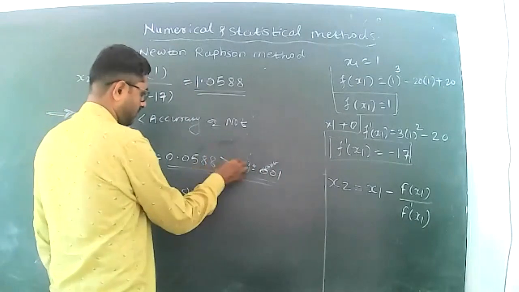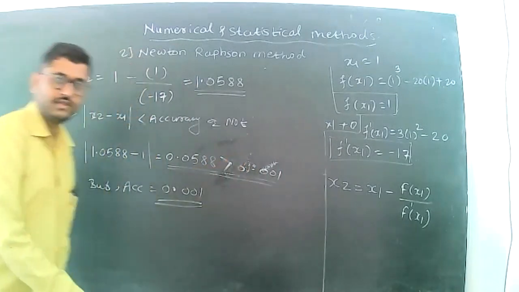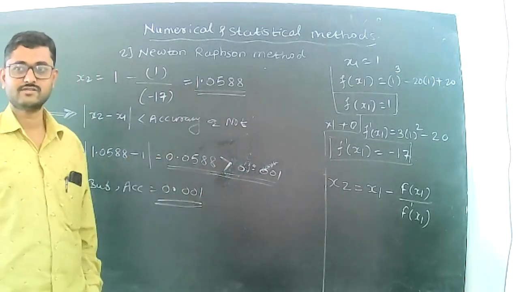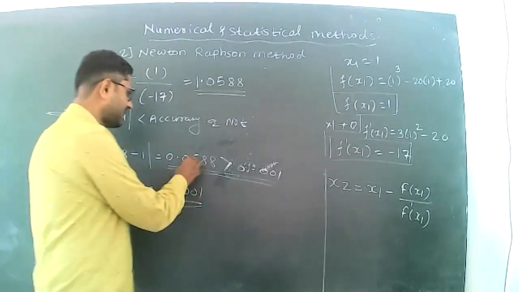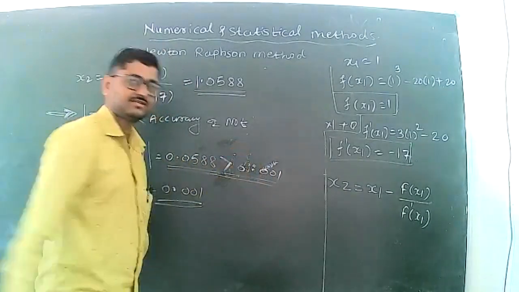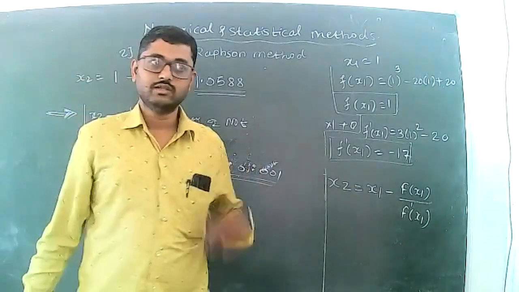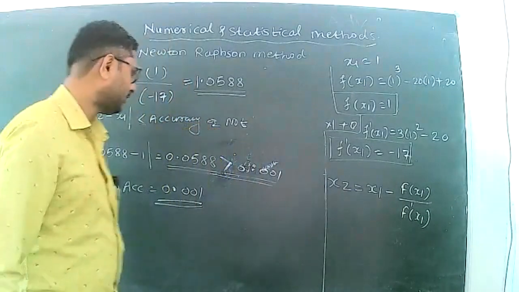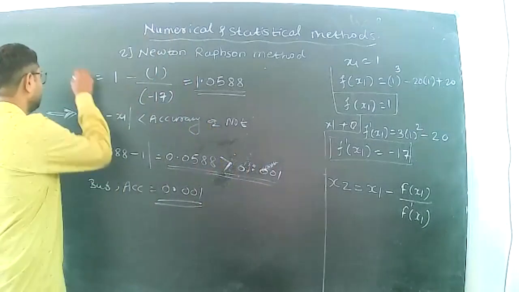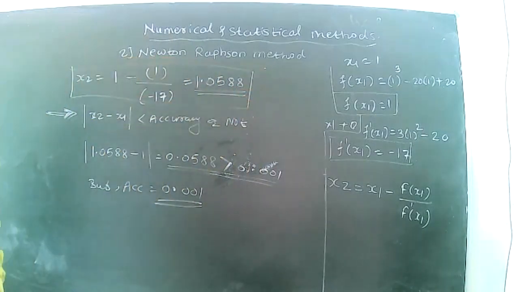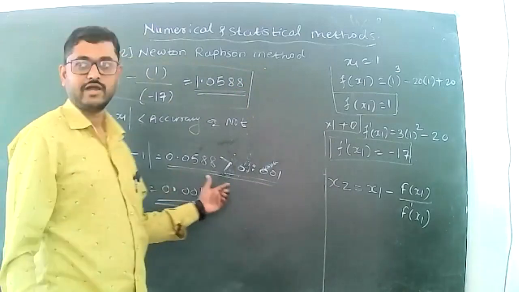We continue until the answer is less than 0.001. The answer means the difference x2 minus x1. When it comes less than 0.001, then you can say that the accuracy criteria is satisfied, and that x2 is the root of the equation.